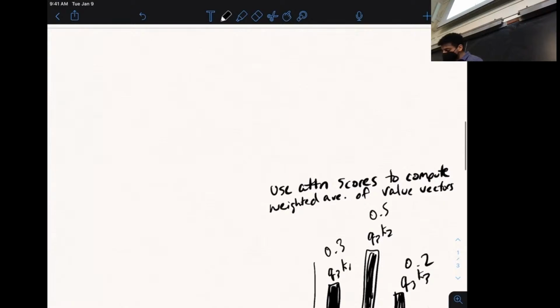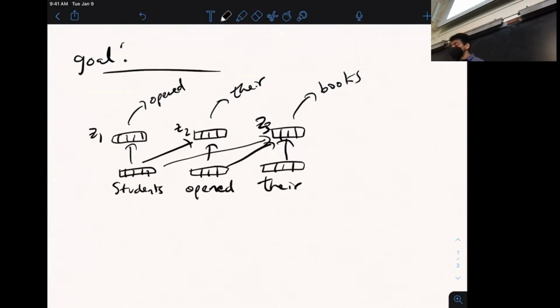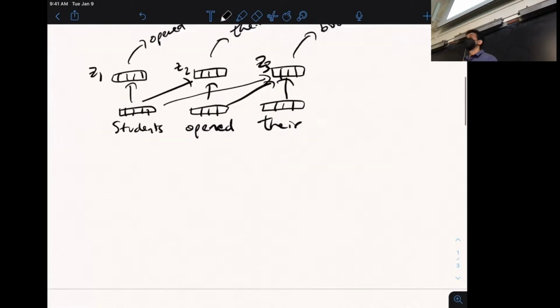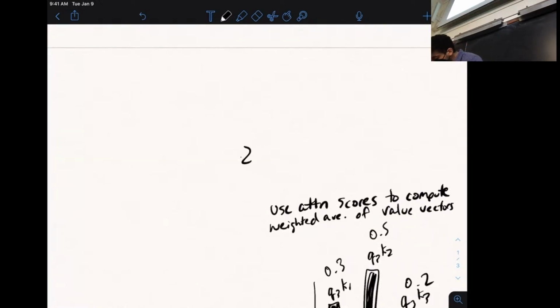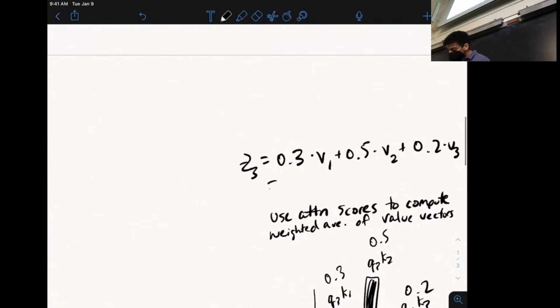So what that means is, if you remember, this is z sub 3, the thing that I eventually want to get. Z sub 3 is going to be equal to 0.3 times v1 plus 0.5 times v2 plus 0.2 times v3. So all of this is going to give me some vector which I will use to predict the next word, books.